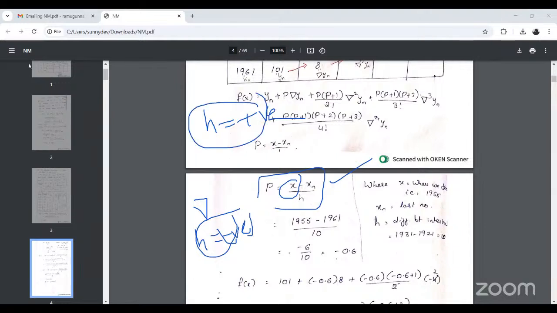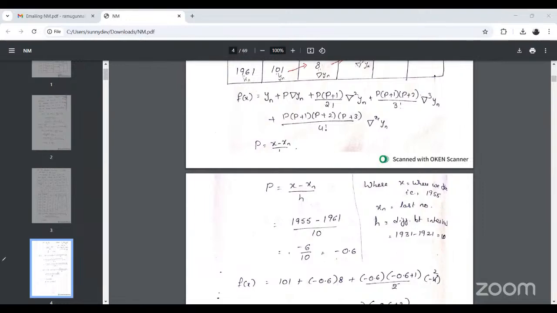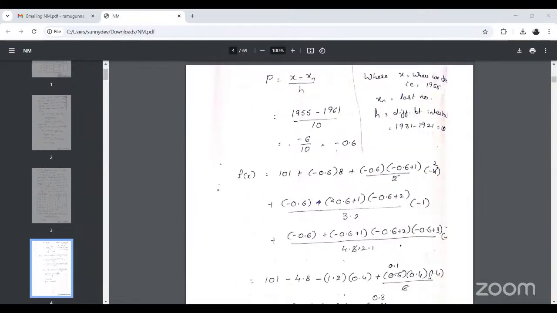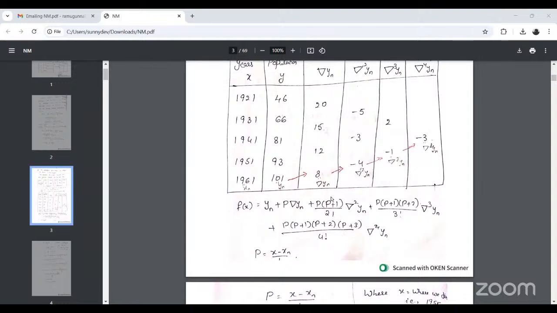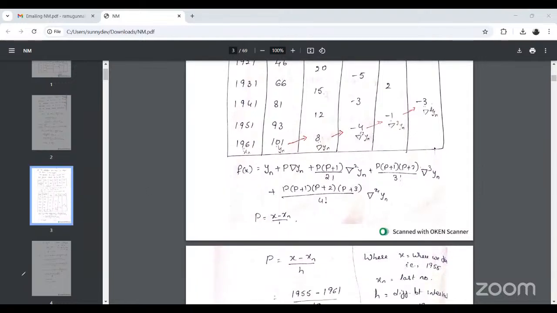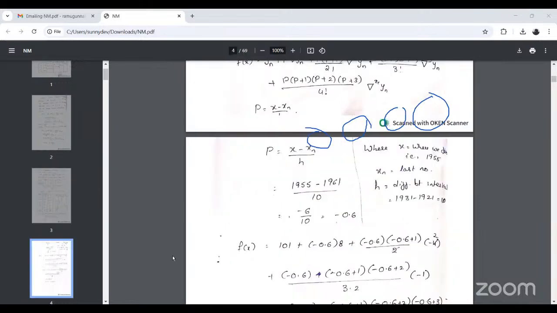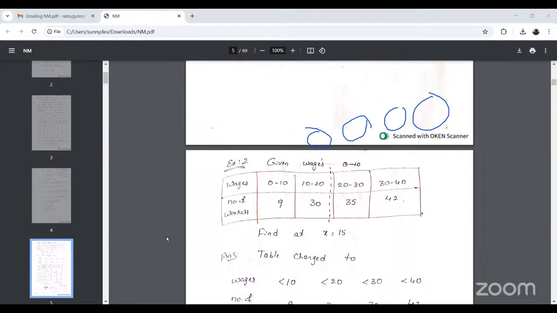Understood? So this is the important thing, forward and backward. And here this is delta yn, this is delta square, this is delta cube, and this is delta power n. We should substitute all these values, and we are getting the result.